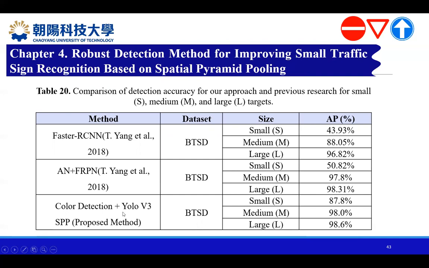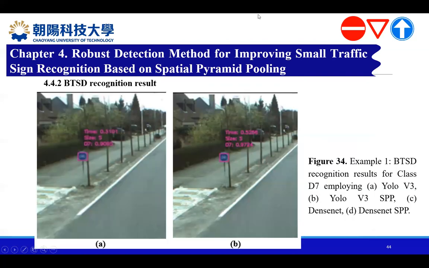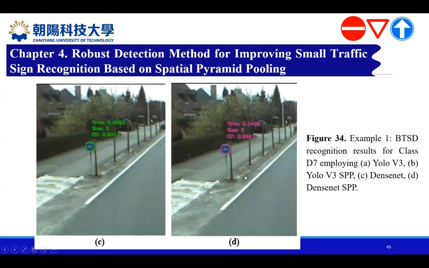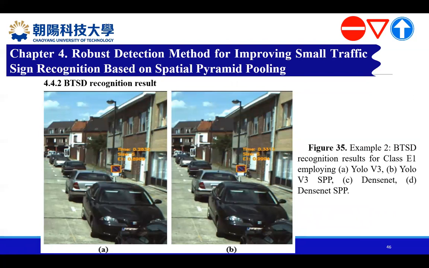And the last one is our method, color detection plus YOLO-V3 SPP, on the same PTSD dataset. We can see here that we improve the performance from the previous results. This is some of the PTSD recognition results we can see in this figure for YOLO-V3, YOLO-V3 SPP, Densenet, and Densenet SPP.